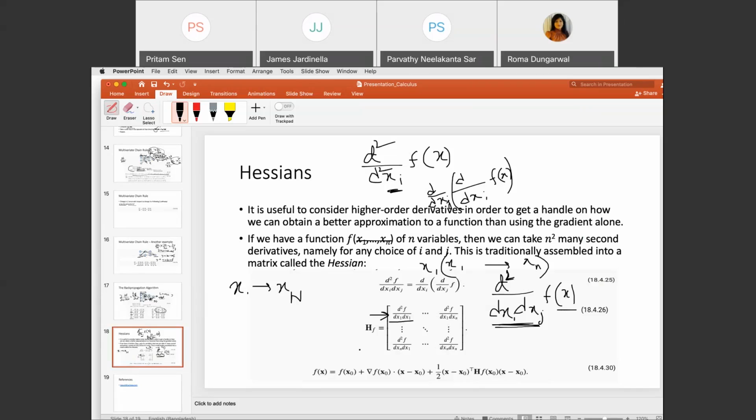And in the last row, first we differentiate with respect to x1 to xn, then we differentiate again with respect to xn. In the other rows we differentiate with x2, x3, like that. So if we present it in a matrix form, this is called the Hessian matrix.